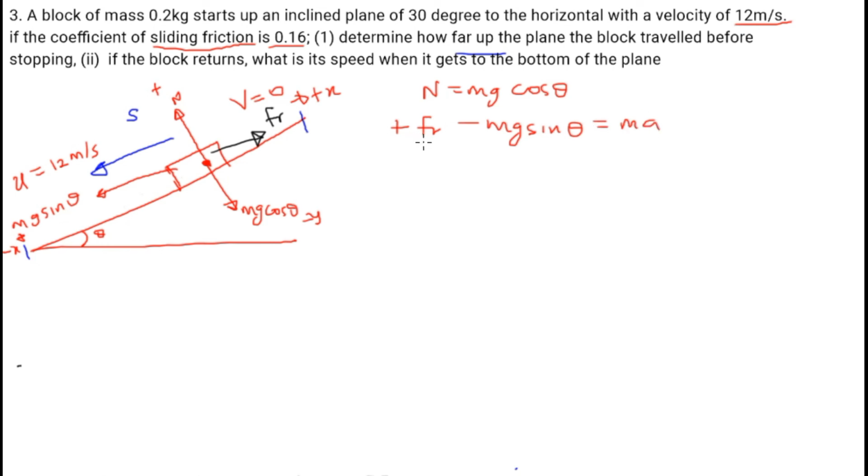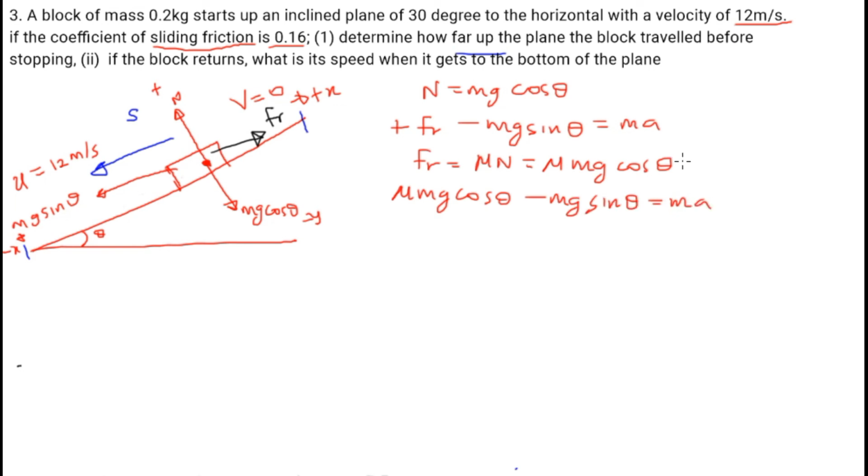But notice that fr is equal to mu n, so that I can make fr the subject of the formula mu n, so that it becomes mu mg cosine of theta. So by substitution we have mu mg cosine of theta, then minus mg sine of theta equal to ma.